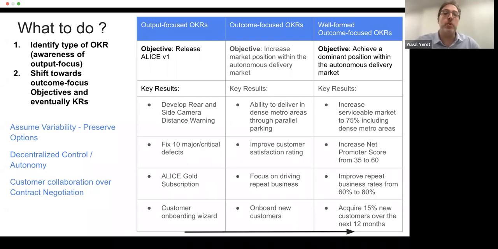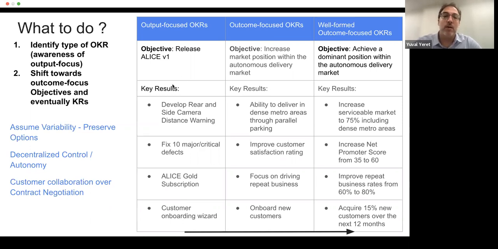Let's feel free to use those when we look at our objectives and key results, and let's be willing to accept the fact that we have such types of OKRs, not hide this fact. Let's bring transparency to the level of OKRs that we're using, and then use that transparency and inspection and adaptation to shift towards more outcome-focused objectives and eventually key results.